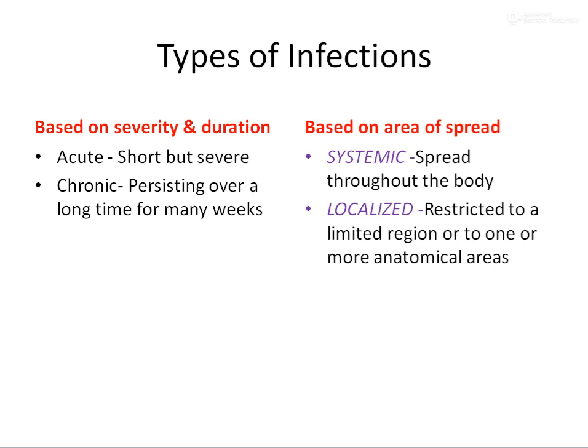And based upon the area of spread, you can again classify infection. If it is spreading throughout the body, it is called a systemic infection. If it is restricted to a limited region or one or two anatomical areas, it is referred to as a localized infection.